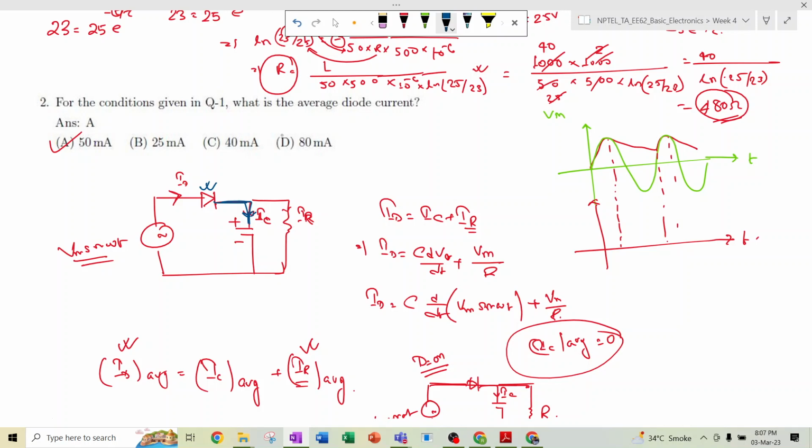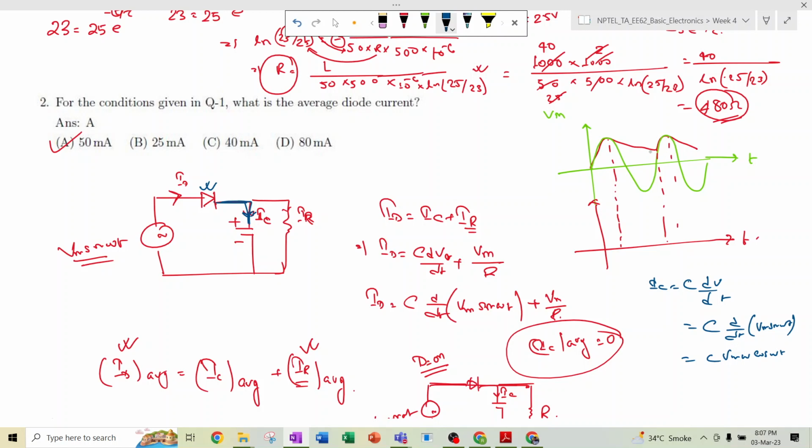So the current will be I equal to C dV/dt. So it will be C d/dt of Vm sin omega t. So it will be C Vm omega cos omega t. So that is the thing.